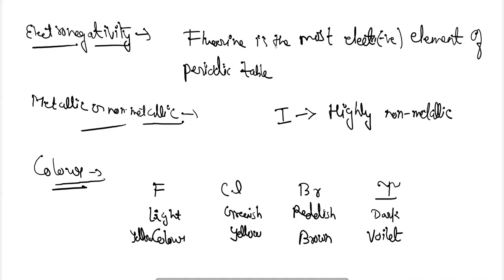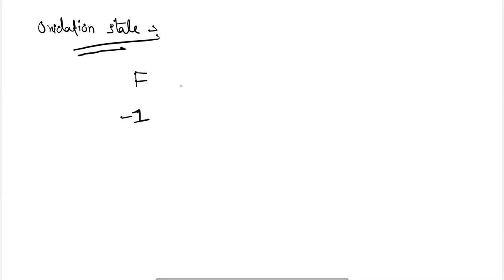Next is the oxidation state. The oxidation state for fluorine can only be -1. No other oxidation state is shown by fluorine. But chlorine can show oxidation states -1, +1, +3, +5, and +7.